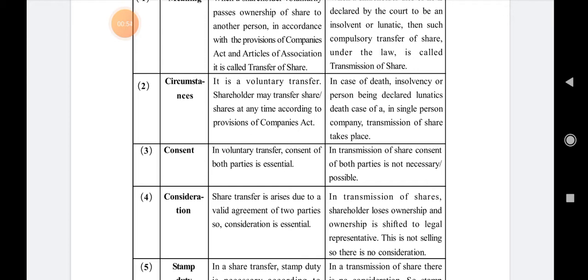That's why it is called transmission of shares. This is the overview you are getting at present: transmission of shares means that you have to completely go through the procedure of the legal activity. So that is the transmission of shares.